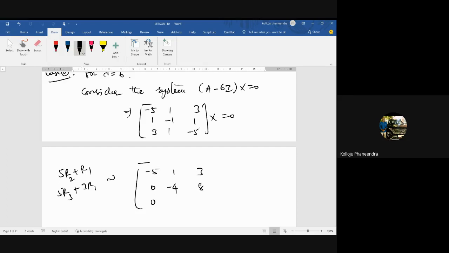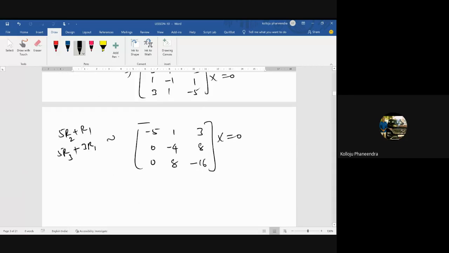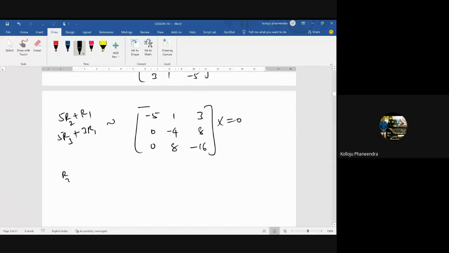Coming to this, minus 25 plus 9, minus 16. Next operation is R3 plus 2R2. Minus 5, 1, 3, 0, minus 4, 8, 0, and this is 0 definitely. And this is minus 16 plus 16, 0.